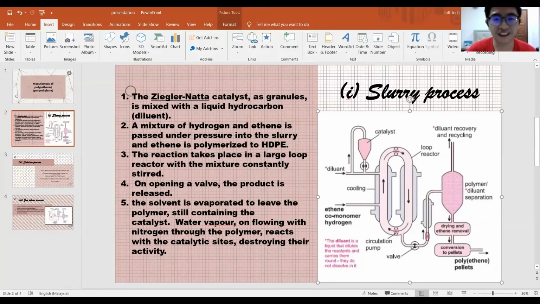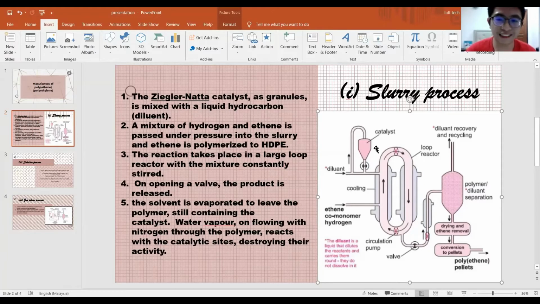The reaction takes place in a large loop reactor, which, as you can see, is quite large, with the mixture constantly stirred. On opening a valve, which we can see here, the product is released and collected. The solvent is evaporated to leave the polymer still containing the catalyst.